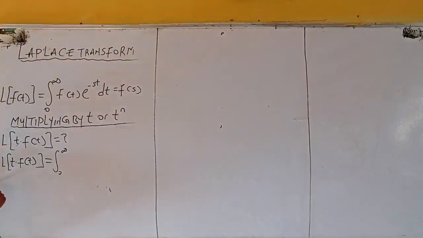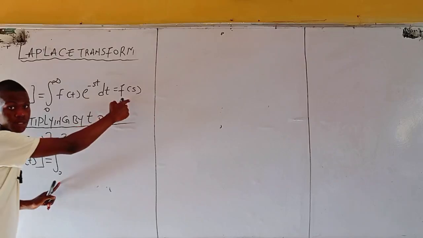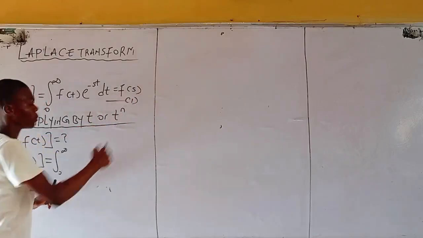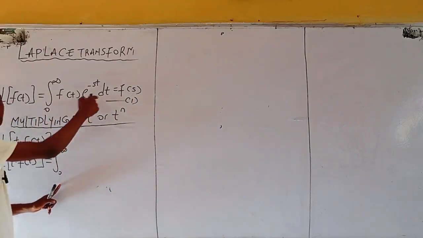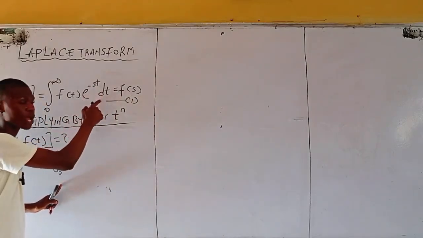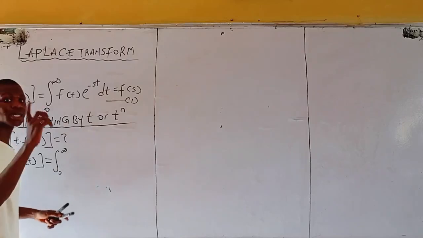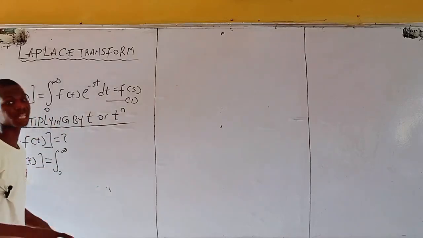Based on what we've done, we don't. So we let the Laplace transform of f of t multiplying t equal what we know. Call this equation 1, by which we are referring to the general formula that defines Laplace.